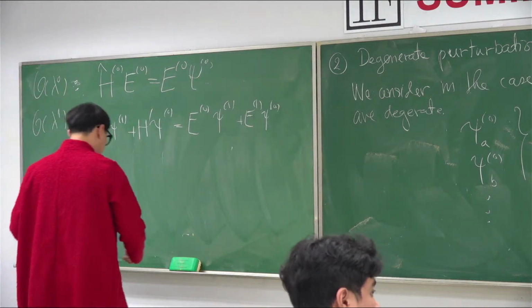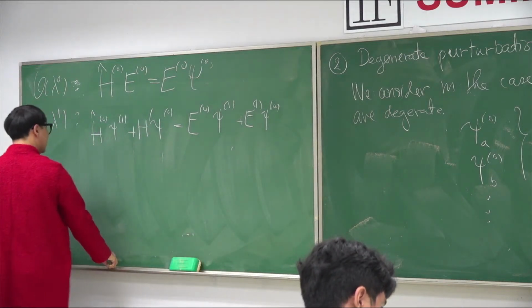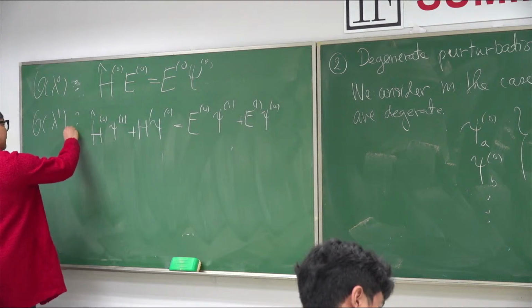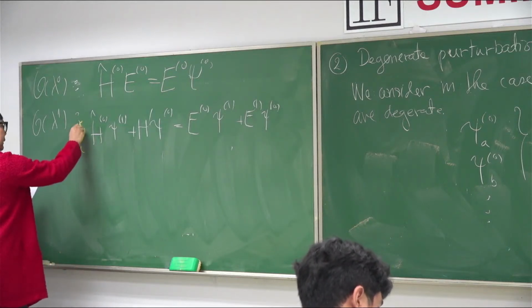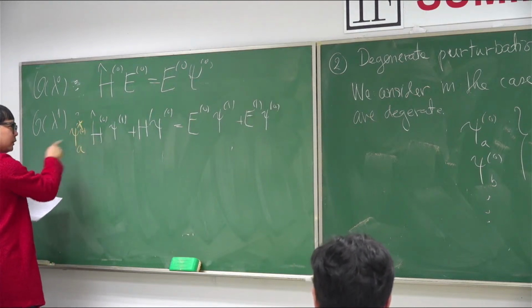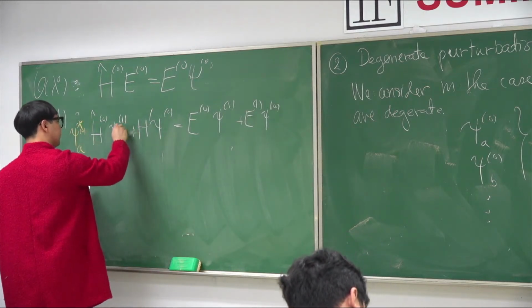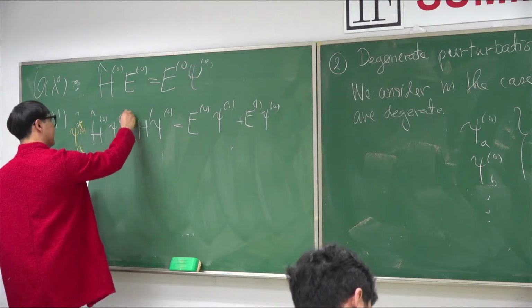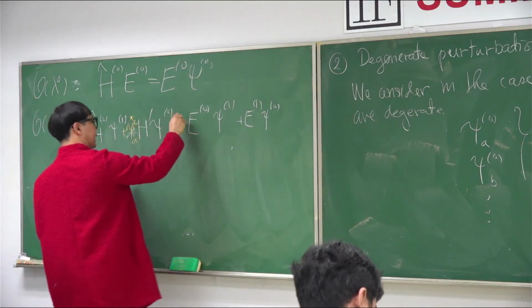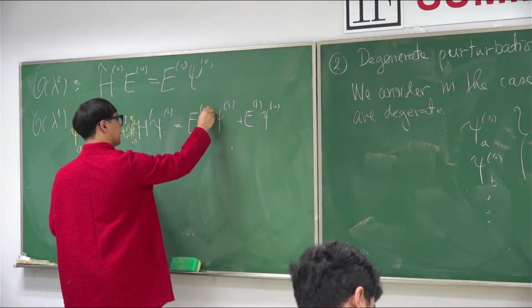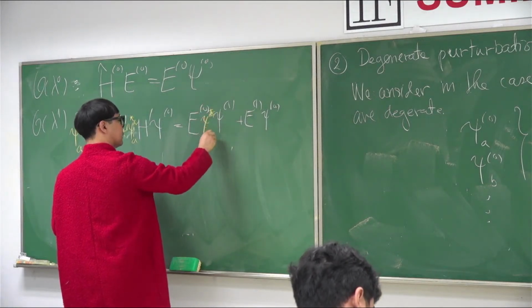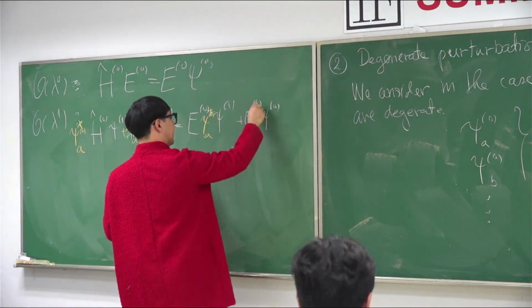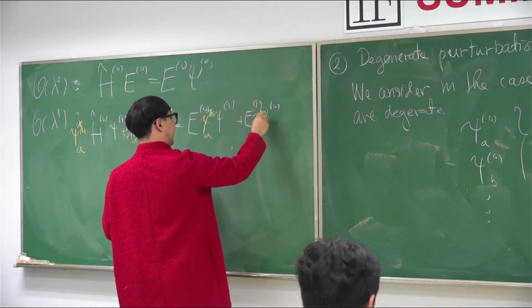What I'm going to do is apply this label A, right, from this side and this side and this side, A, yeah.